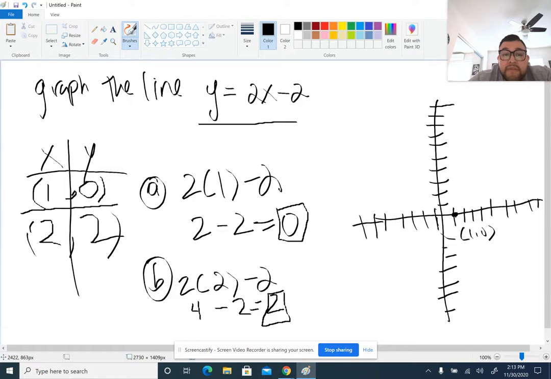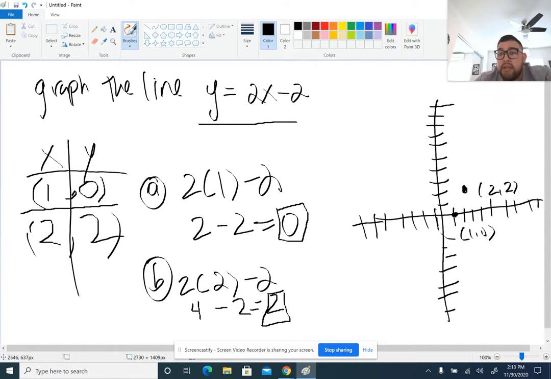Next, I'm going to graph 2, 2, which is my second ordered pair. So again, I start here at 0, 0, the origin, and then I'm going to go 2 in the x direction, and then I'm going to go 2 in the y direction. So I will land right here. And this point represents 2, 2.